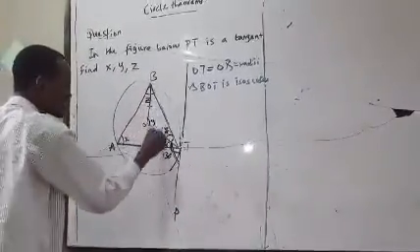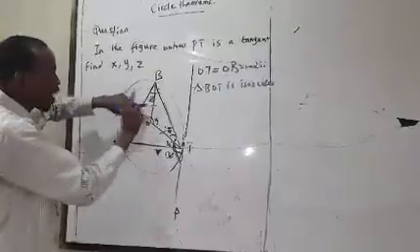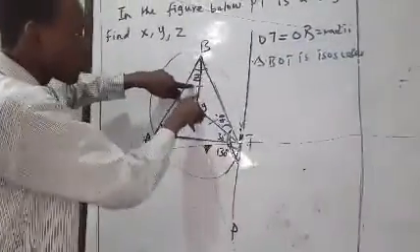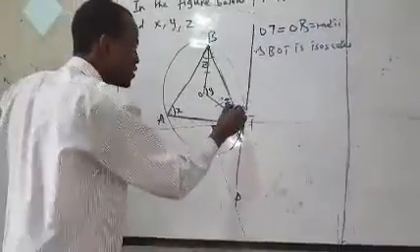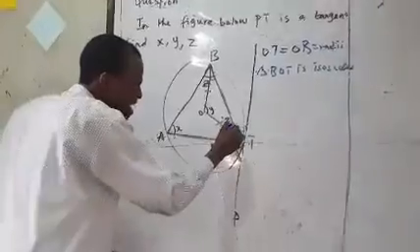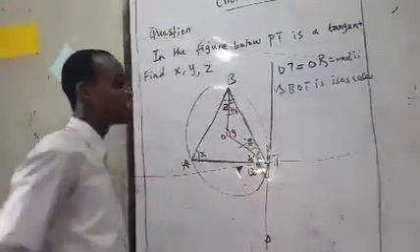That is, this place is equal to this place. And one of the properties states that for an isosceles triangle, where two sides are equal, the base angles will also be equal. So since here is 40 degrees, this place will also be 40 degrees.